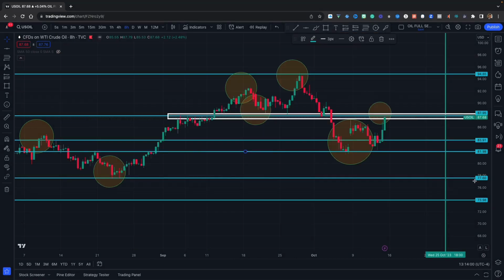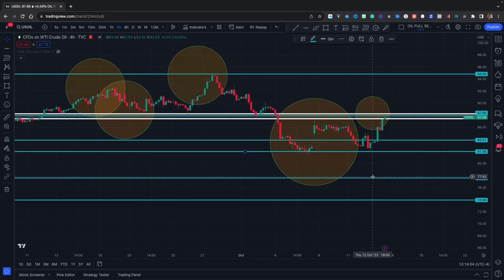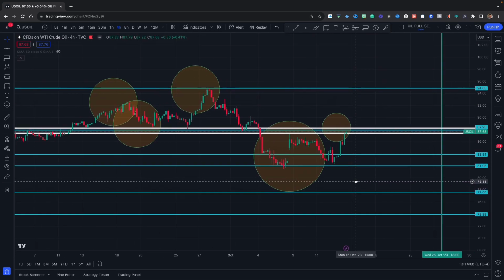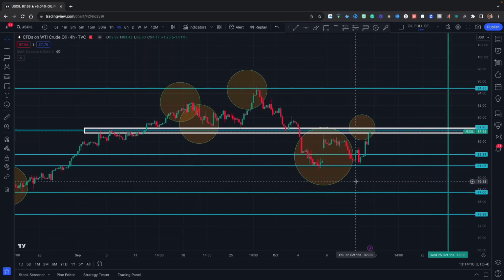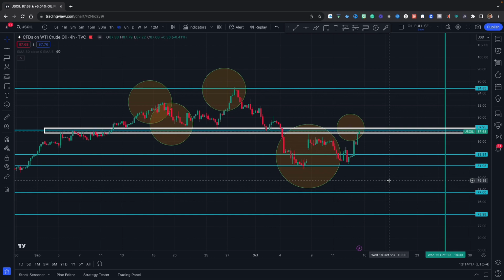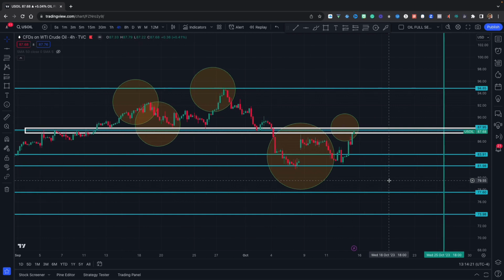So now let's go ahead and get into our 4-hour analysis, because now we can begin to look at some of the technicals that we're seeing here. Again, as we look at the zones, we understand we are in a critical area right now when it comes to crude oil. So here we say, okay, what's going to be our game plan as we see what is happening here?